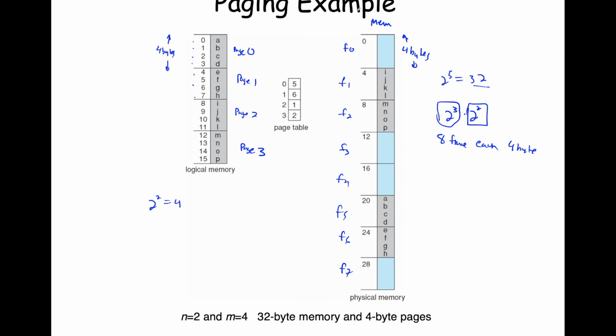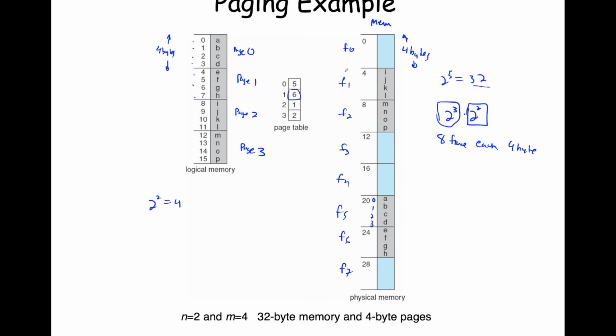All right, so now let's look at our page table. For page 0, it is located at frame number 5. So this is frame number 0, 1, 2, 3, 4, 5. And you'll notice stored is A, B, C, D at each one of those offsets, offset 0, 1, 2, 3 within page 0, because it's located at frame 5. Now page number 1 is located in frame number 6.